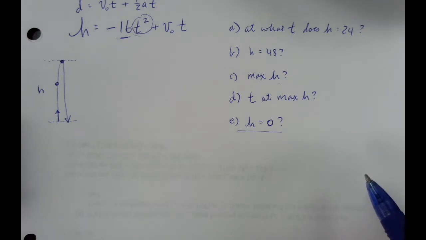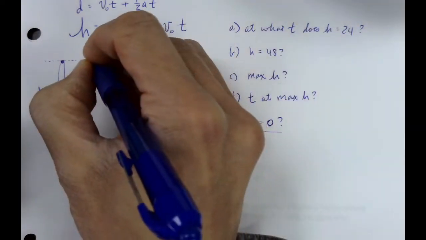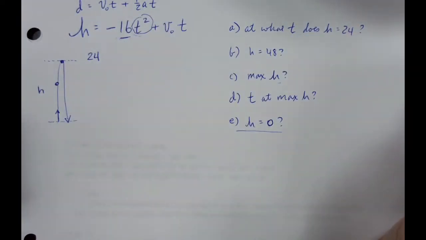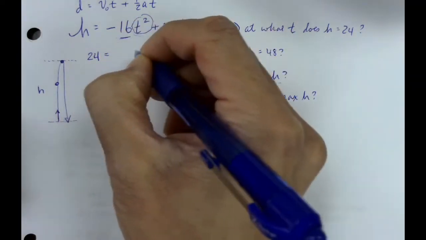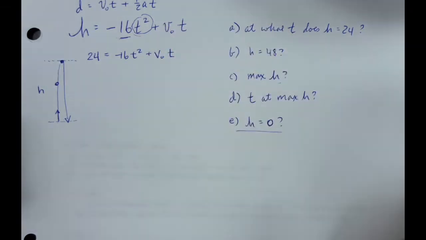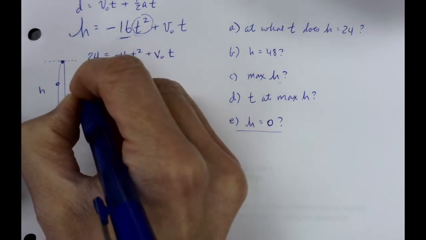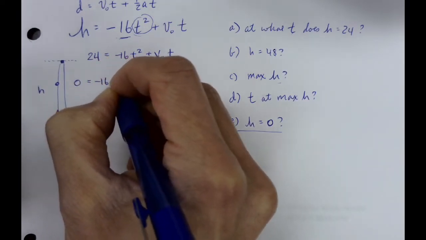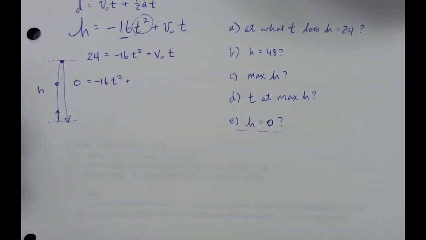So for the first part, we simply solve for when does the height equal 24. So we'll substitute 24 for height, and then everything else is the same. So I'm going to subtract 24 from both sides so that we have this in our standard form.